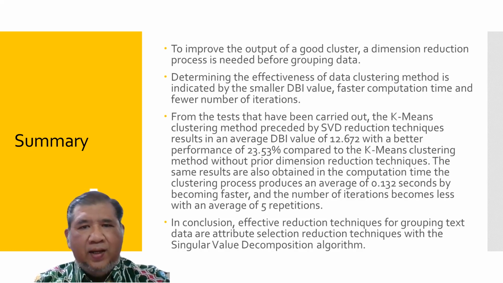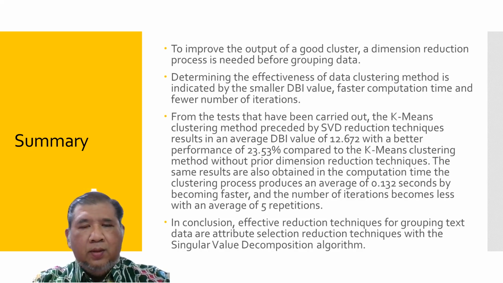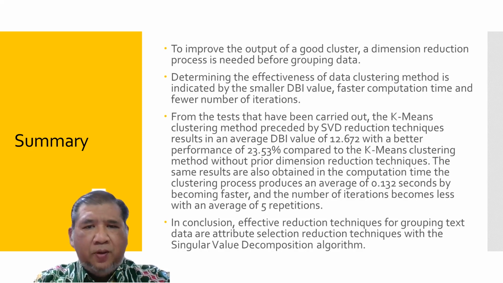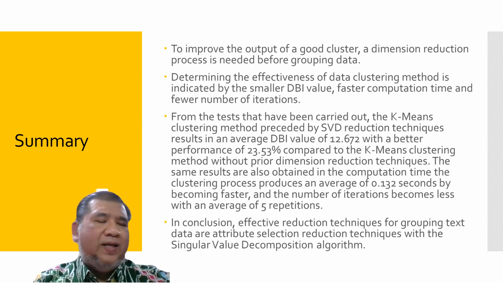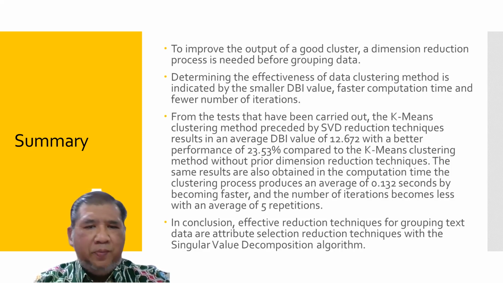From the results, we find that on average, the DBI value by SVD reduction gives 23.53% better than K-means only. Also in computation time, the clustering process is on average 0.132 seconds faster than K-means only. And for the iterations, the number of iterations becomes less, on average 5 repetitions.